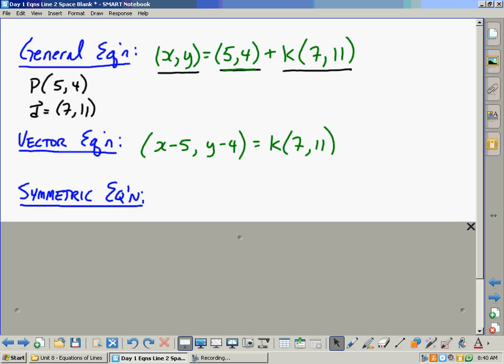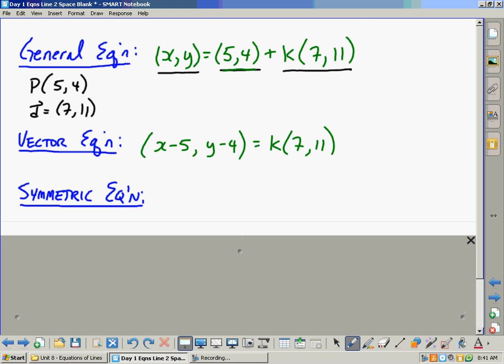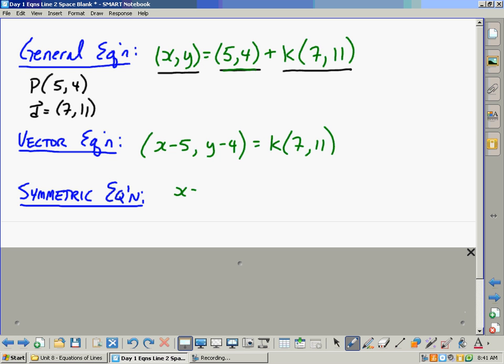So I'm actually going to divide the x by the 7 and the y by 11, and that's how we get the symmetric equation. So the symmetric equation looks like this. (x minus 5) over 7, that's your x coordinate, and it is going to be the same as (y minus 4) over 11. And it comes through division.